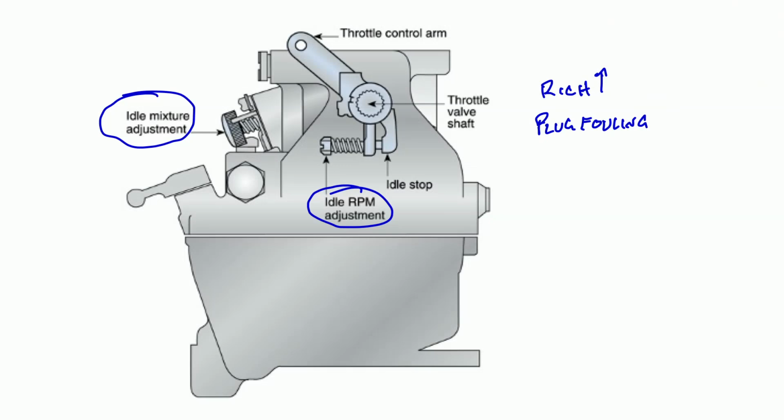If the idle RPM is not set properly, then it's going to cause issues for the engine running smoothly when it's on the ground. It can give us a bad baseline for things. If our idle mixture adjustment is not correct, you may think, well, it's just idle. It's not that big of a problem. But here's the issue. If we go way too rich on our idle mix, then the vast majority of issues with plug fouling is going to come from having an excessively rich mixture in the idle circuit.